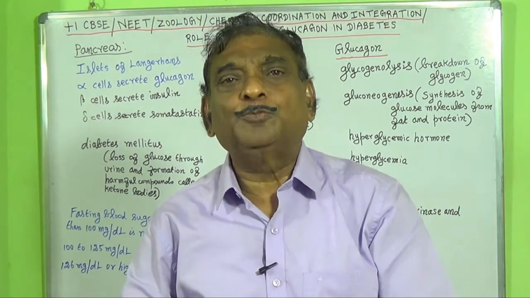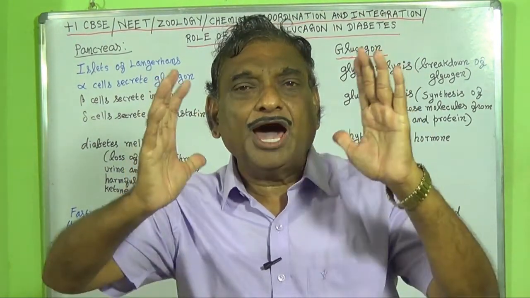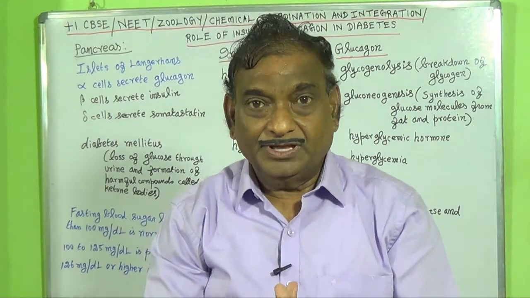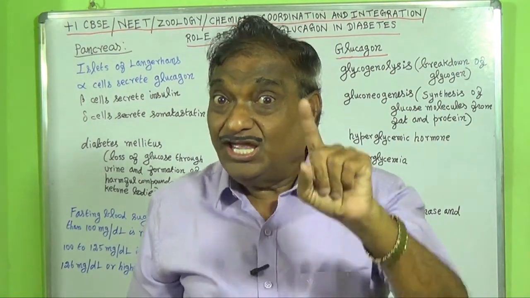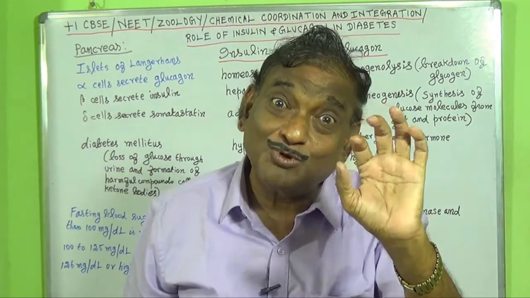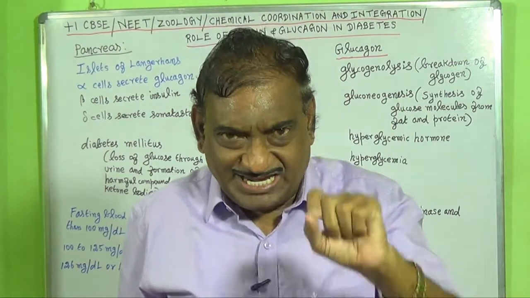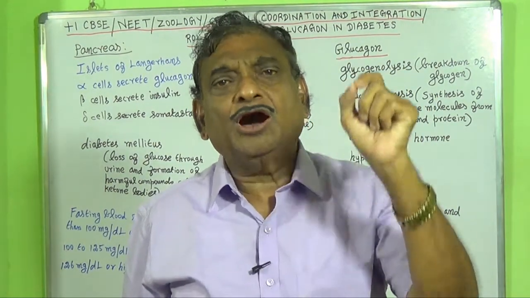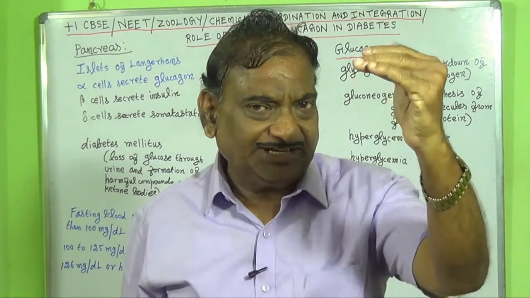These peptides and proteins are made of amino acid chains. This insulin is also called a hypoglycemic hormone. We will discuss why it is called a hypoglycemic hormone a little later.